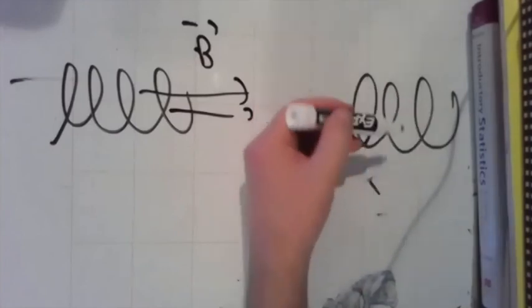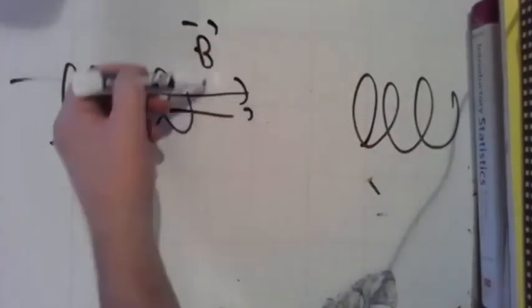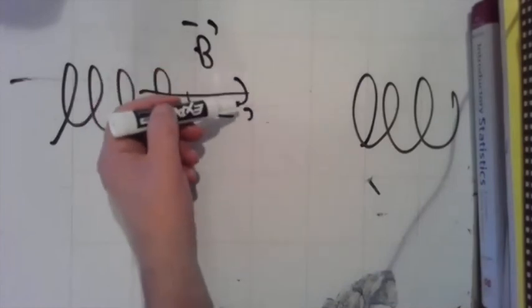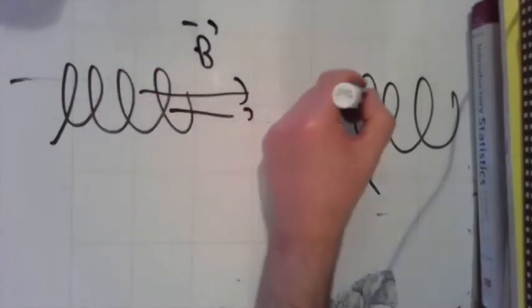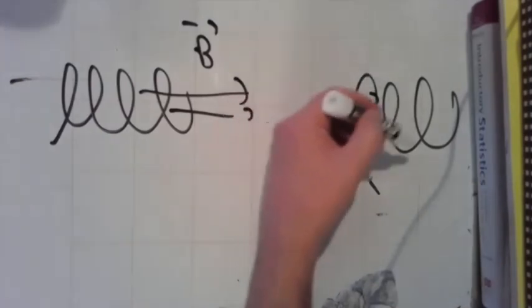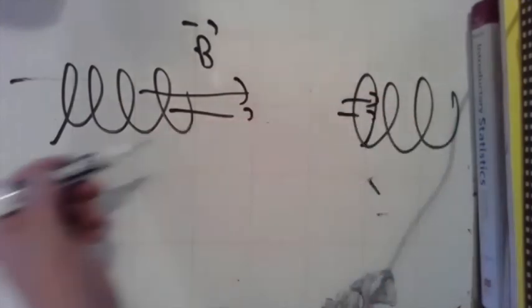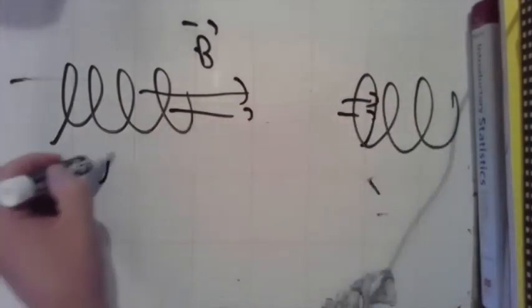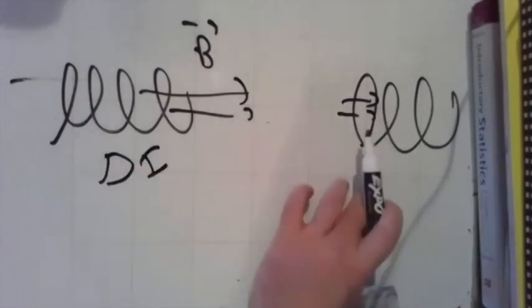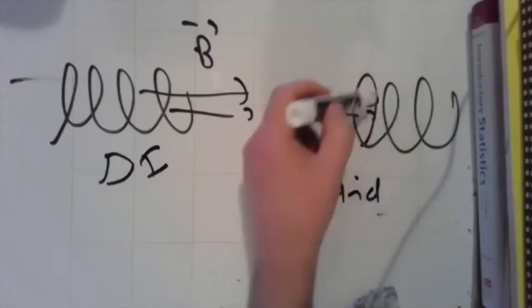Over here is just a wire. A changing current here will create a changing magnetic field that will create changing flux through this circuit, which will then induce a current over here. So a changing I here induces a current over here.